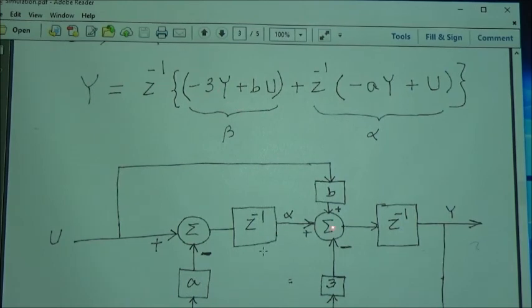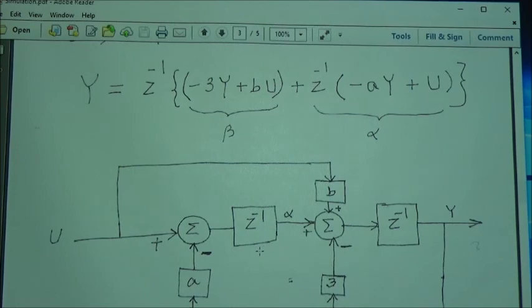It's minus 3y, which is here, minus 3y, plus b times u, which is here, b times u. Then this completes this portion of it. Then I have another z minus 1, here it is, and input to that is minus a y plus u, minus a times y. So as you can see, I have now completed my term.